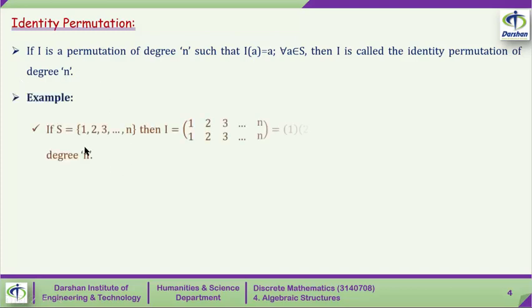For example, let S = {1, 2, 3, up to n}, meaning n elements, then the identity permutation I is defined as 1 goes to 1, 2 goes to 2, 3 goes to 3, n goes to n. It is also written in cycle form as 1 goes to 1, 2 goes to 2, 3 goes to 3 and so on, n goes to n. So it is called an identity permutation on S of degree n.